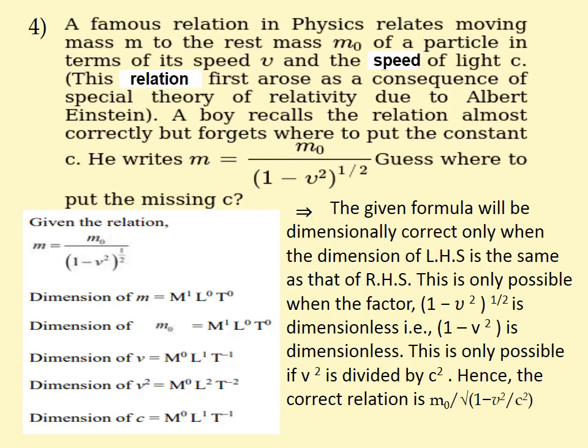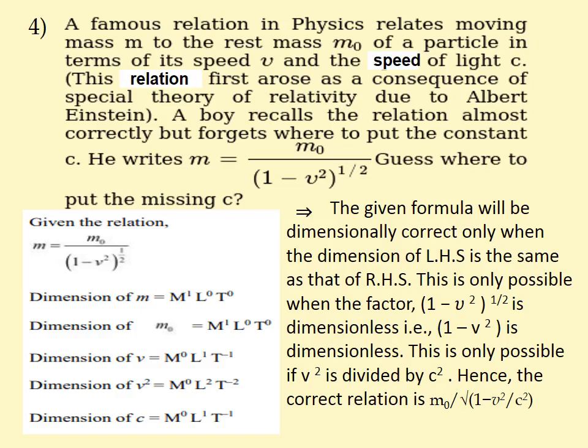A boy recalls the relation almost correctly, but he forgets where to put the constant c. He writes m is equal to m0 divided by (1 minus v square) whole raised to 1 by 2. Guess where to put the missing c. What should be its solution?